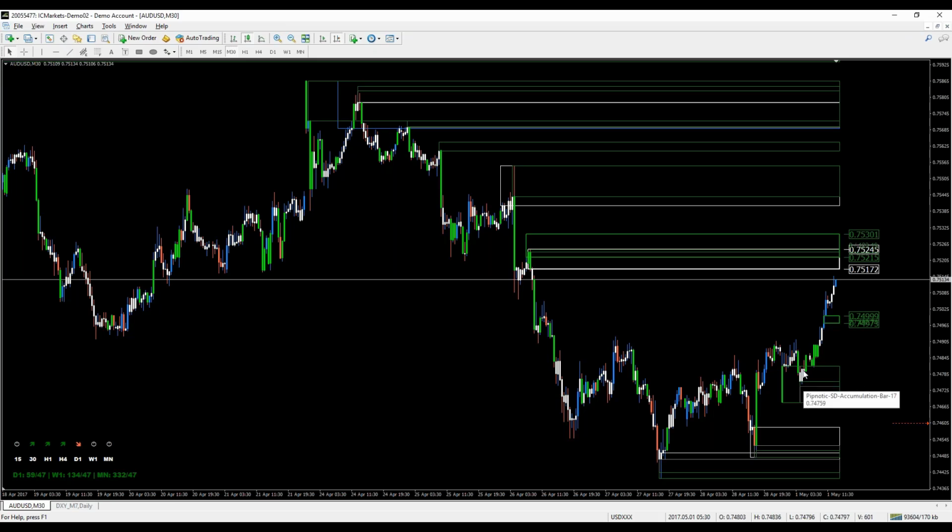Then price accumulated, then it popped up, tested the accumulation before this green candle, and then it moved higher. So we have also this area down here and this one down here, which I like as well. But I think we could probably get a counter trend short here, which might be interesting to have a closer look at. We have a look at the euro US dollar.